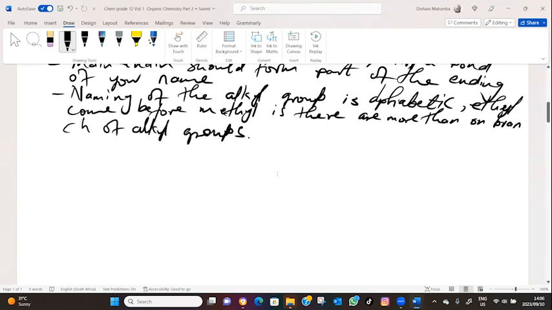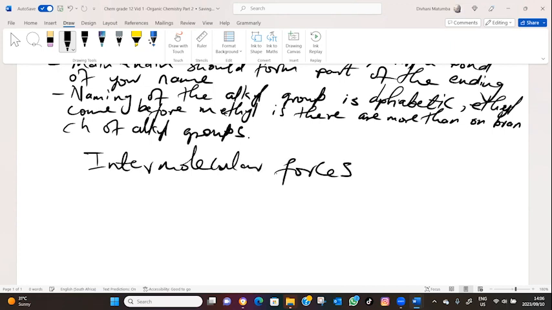Now we're gonna talk about the forces between the molecules. Intermolecular forces. Now, these intermolecular forces, they are the ones that determine the physical properties of your hydrocarbons.